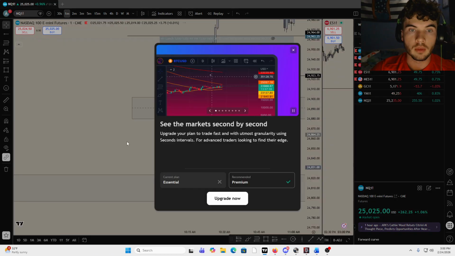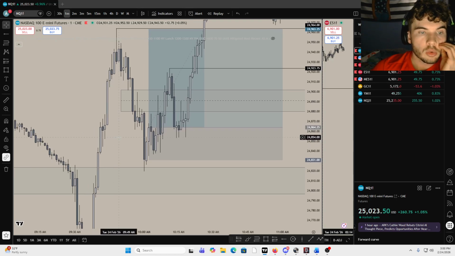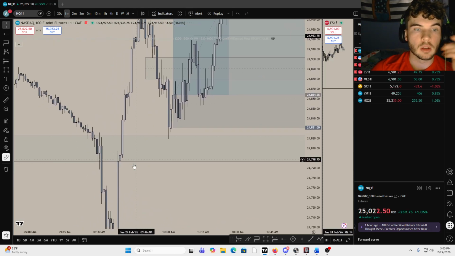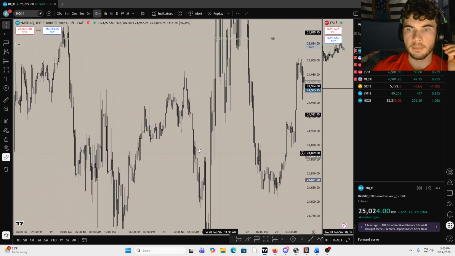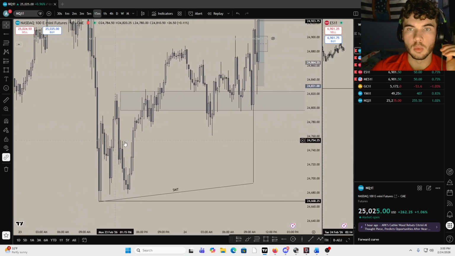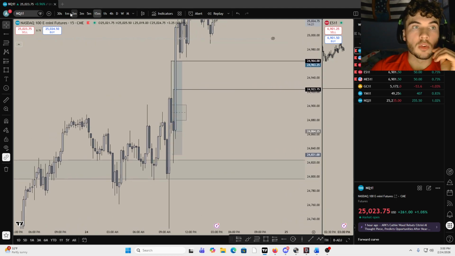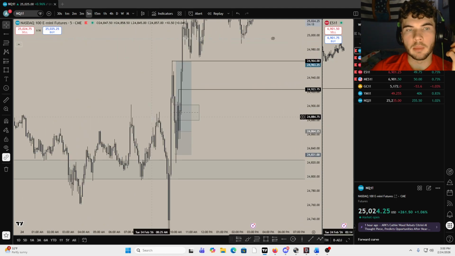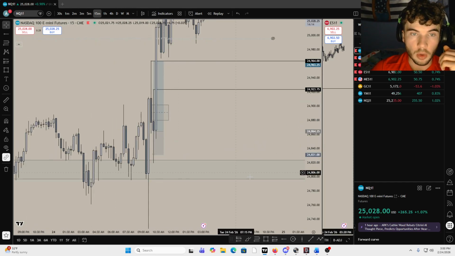Oh, I don't have 30 seconds. So the idea of this trade: big bullish move. We drop into a big 5-minute gap, a small 15-minute gap.